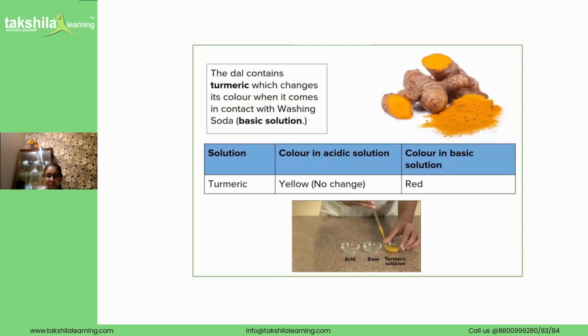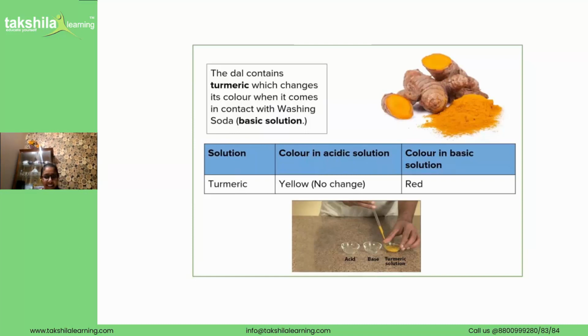And that is the reason why the t-shirt patches turned red. So are you surprised with this? And you know what? I hope whenever you eat dal, you'll remember that ma'am told us this, and now we will be very careful while eating dal and anything which has turmeric.